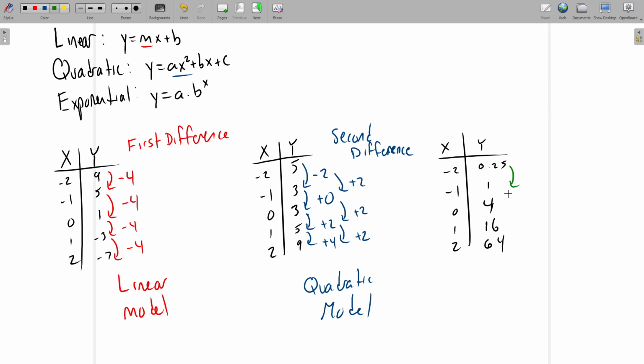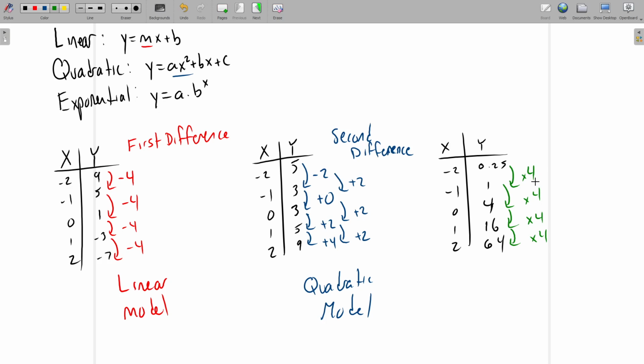Instead of looking at what do we add or subtract from the first y to get the second y, let's look at what we multiply. What do we multiply by 0.25 to get 1? Right? We have to multiply by 4. To go from 1 to 4, we have to multiply by 4. To go from 4 to 16, we have to multiply by 4. And to go from 16 to 64, we have to multiply by 4.